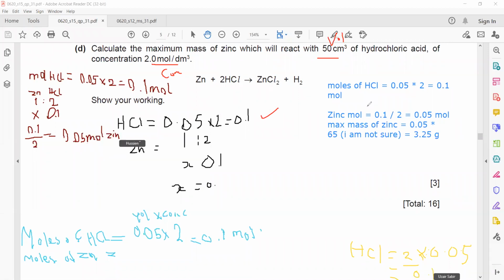Zinc is 65, that's right. Then the ratio you use, you got 0.5 and then multiply by 2.